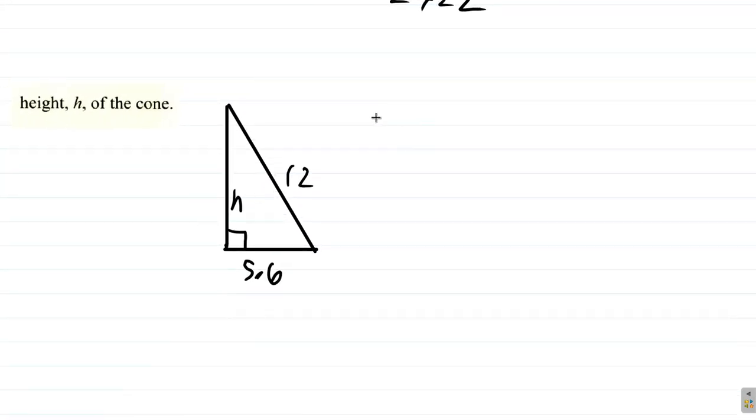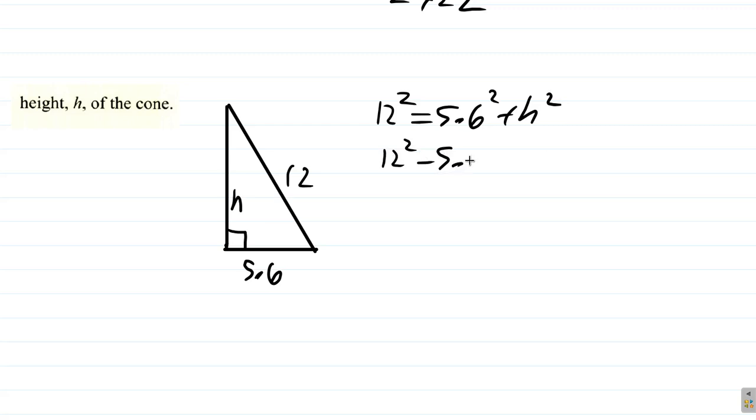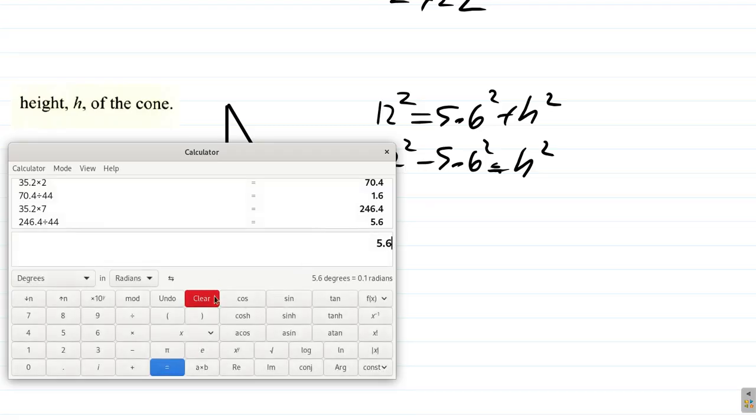So by Pythagoras theorem, the hypotenuse squared is equal to 5.6 squared plus h squared. So 12 squared minus 5.6 squared equals h squared. I need to find 12 squared minus 5.6 squared to get that part. It's minus, not plus.